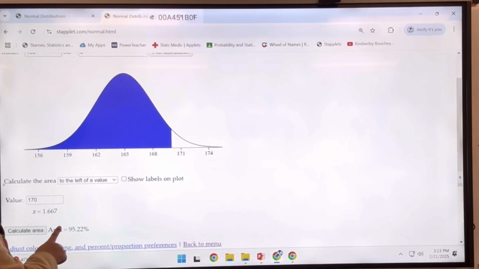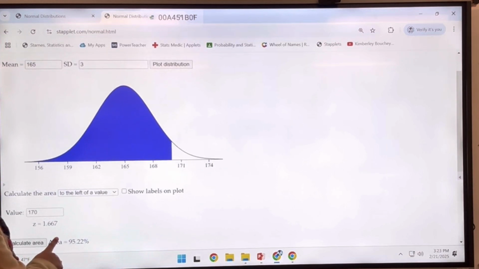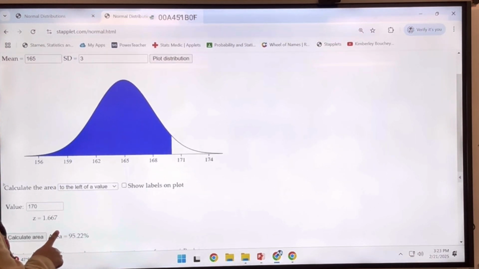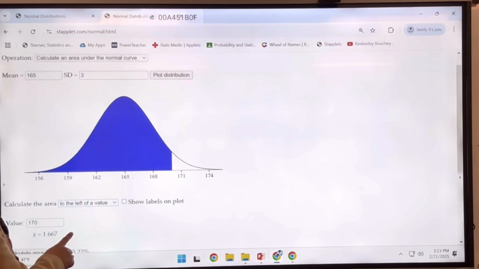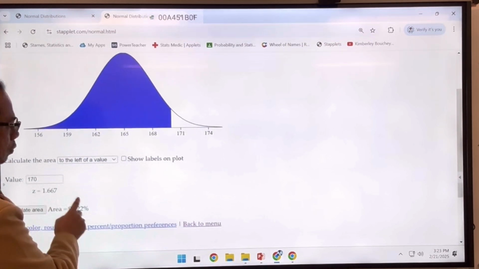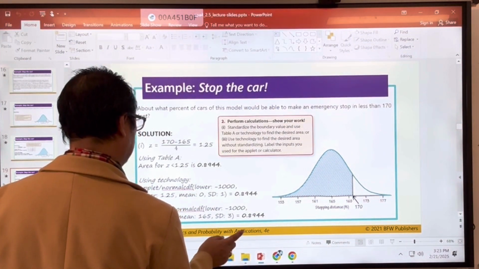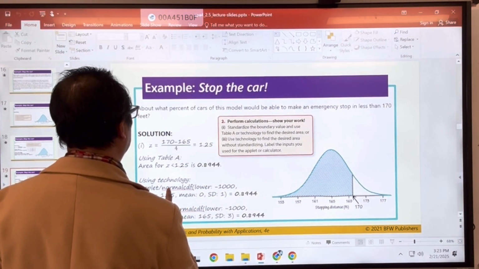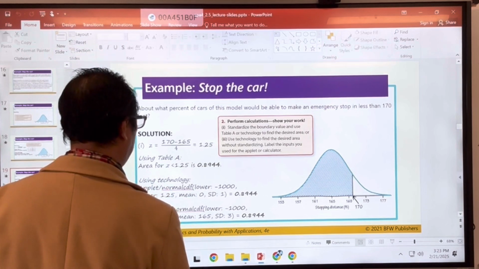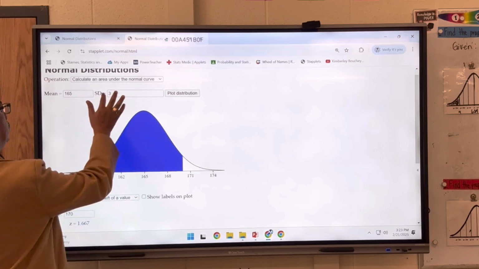Why is it that it's different? 170 to the left. Wait, why is it we got 3? It should be 4. Okay, so we got it wrong. It should be 4.